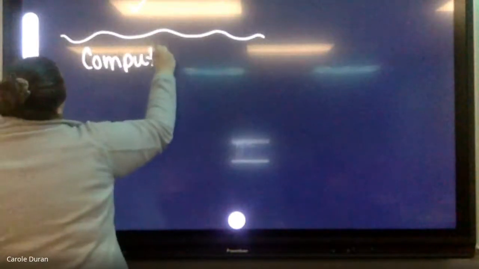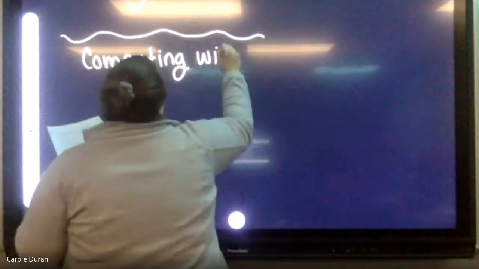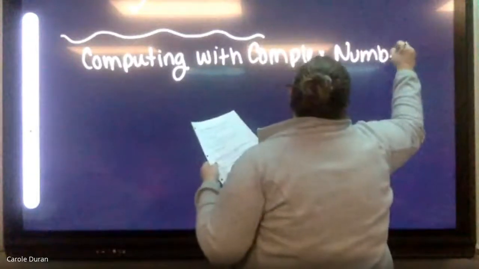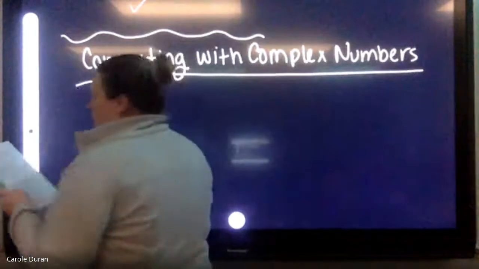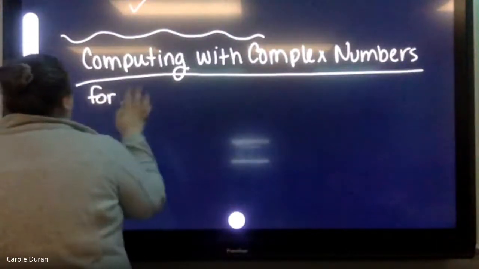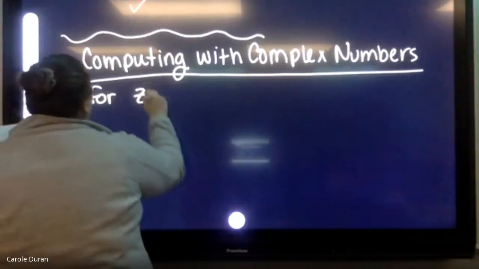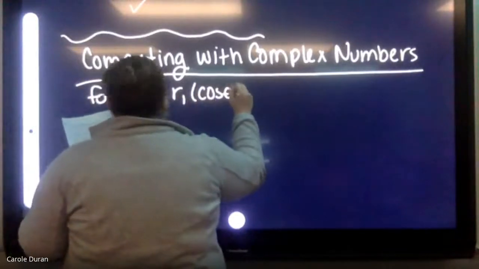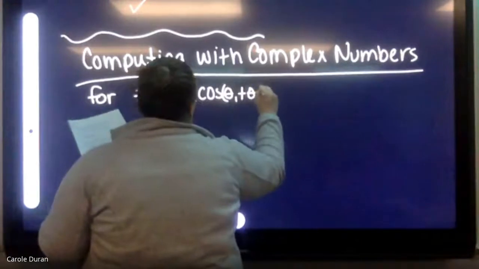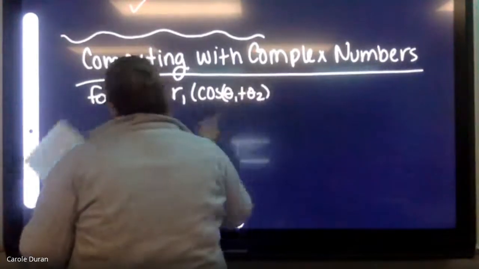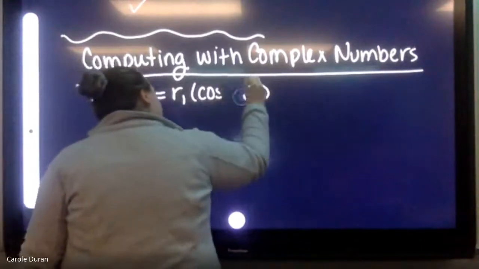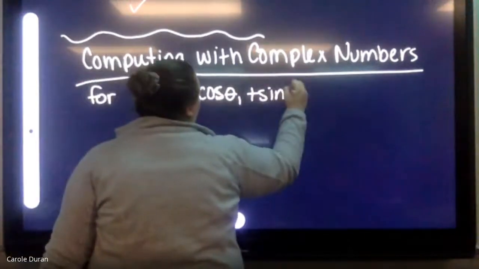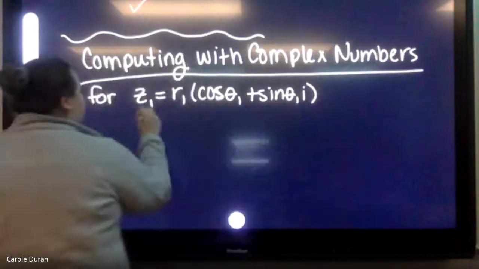We call this computing with complex numbers. For these examples, we are going to assume that we have two complex numbers, z1 and z2, where z1 is r1 cosine theta 1 plus sine theta 1 i, and then z2 is the same thing, but with 2.